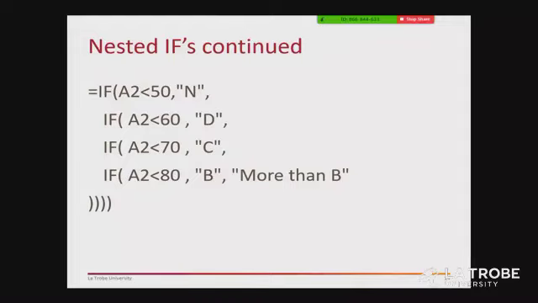Now the funny thing about this, that's really quite confusing, is this little collection of brackets there. What's going on with that? That's the end of each of those if statements. You need to have a corresponding bracket: an if there, a corresponding bracket, an if there, a corresponding bracket. You may look at this and think, why don't we do it with VLOOKUP? VLOOKUP is really straightforward.